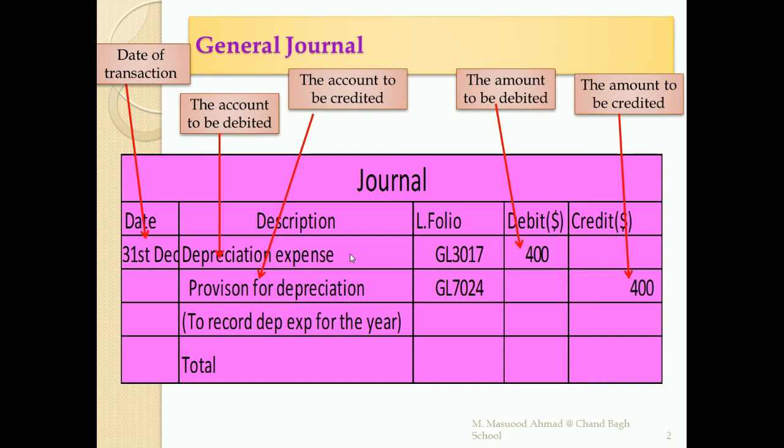At the end you can see the detail of the transaction, which is just the description section in which you describe what is happening above. In this case, to record the depreciation expense for the year. It's not a big deal, you can write it in any way, and that is your journal.